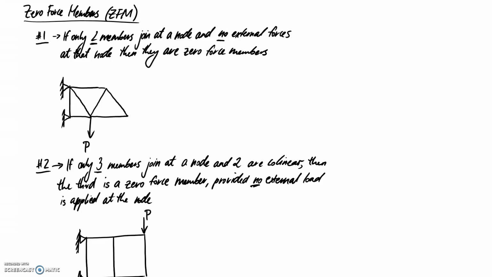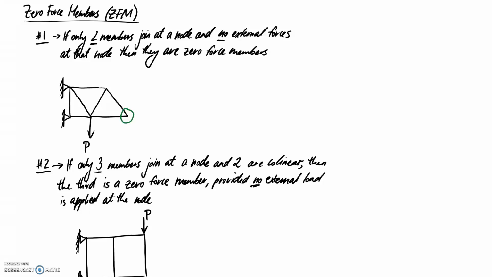So I've given an example of a truss here where we can actually apply this rule. So what we're looking for is places where we only have two members joining at a node and no external forces applied. So here is an example of two members coming together at a node and we have no external forces applied. So that's going to be an example of having two zero force members here.